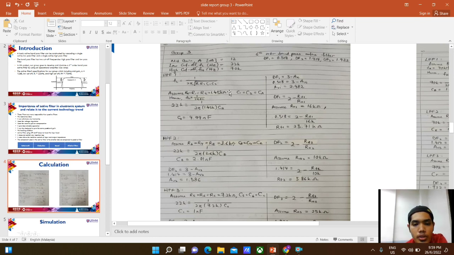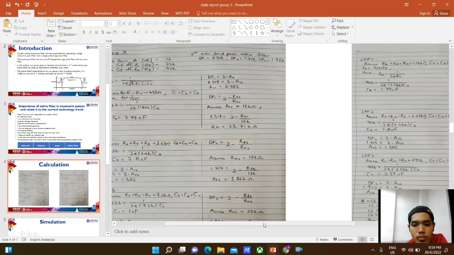Each of them uses three stages, which is high pass filters 1 until 3 and low pass filters 1 until 3.